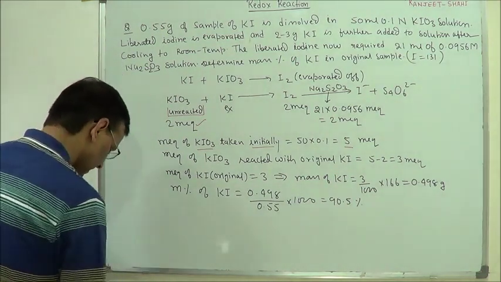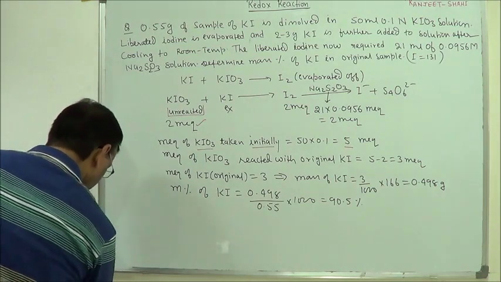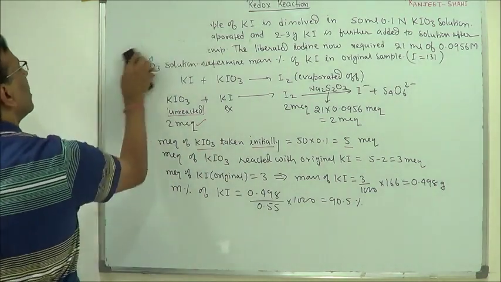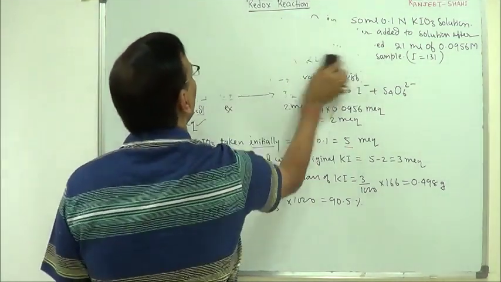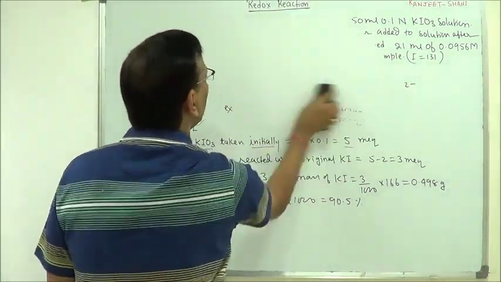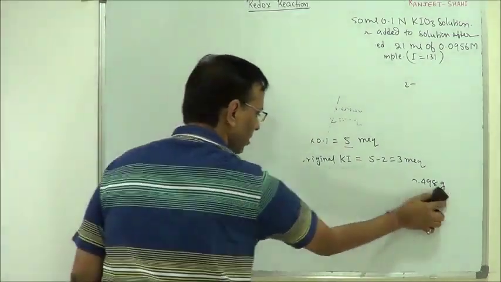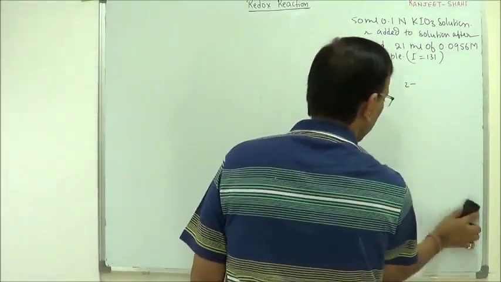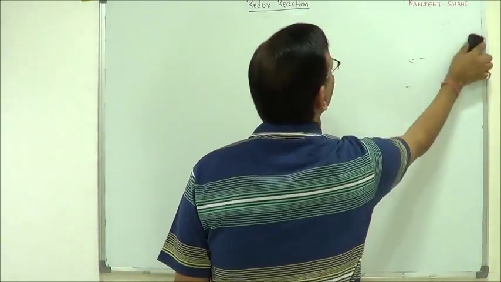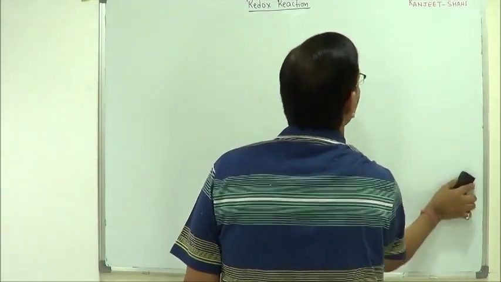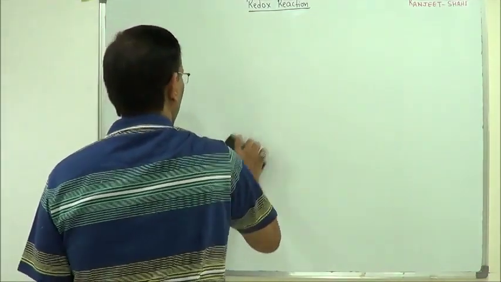Now let us take an interesting case of redox titration, in which we will combine this redox titration with an acid base titration also. We are going to combine this redox titration with acid base titration.